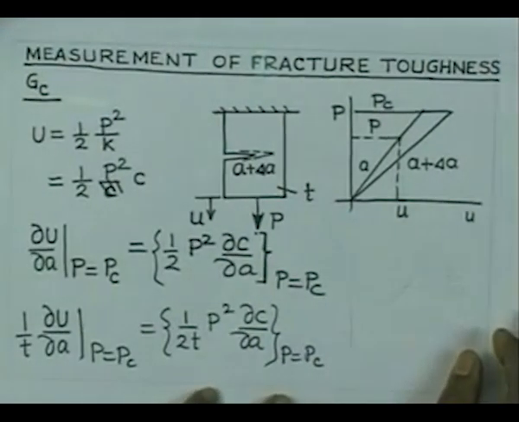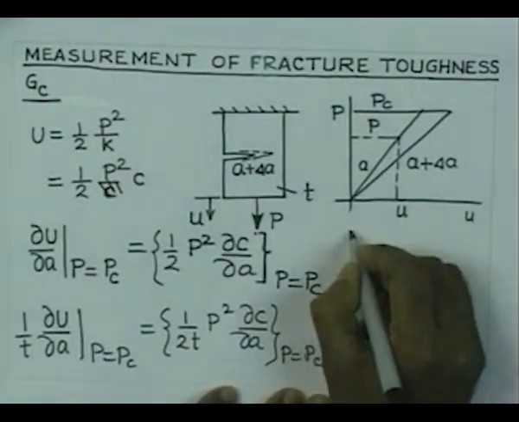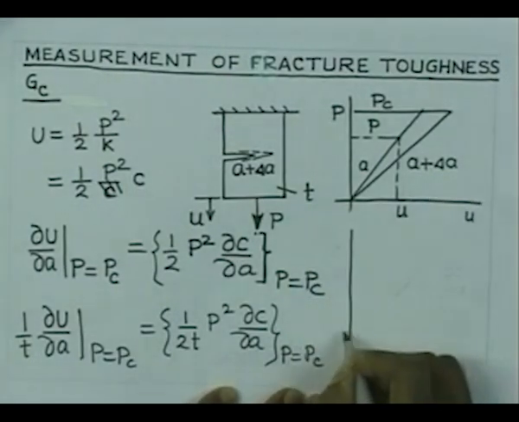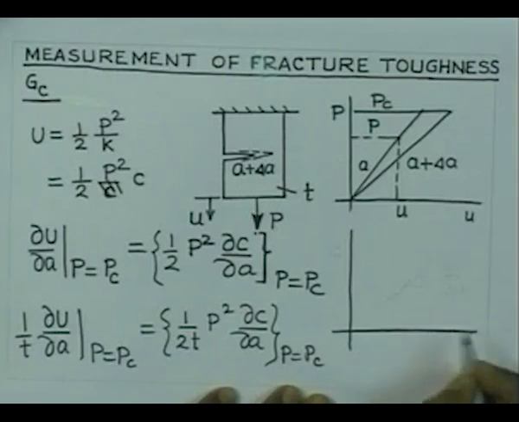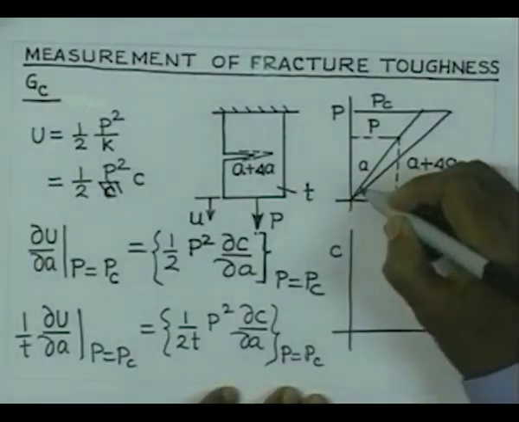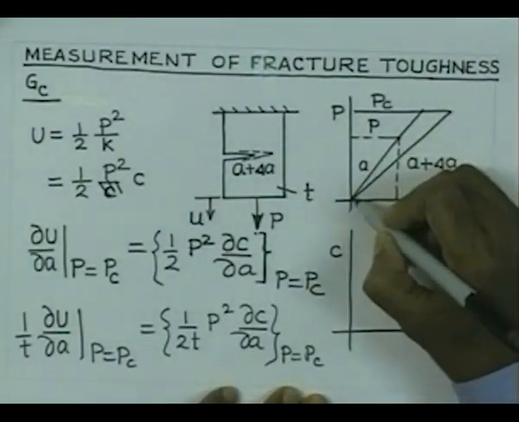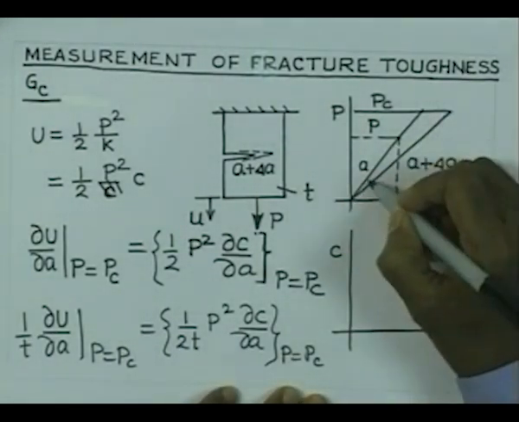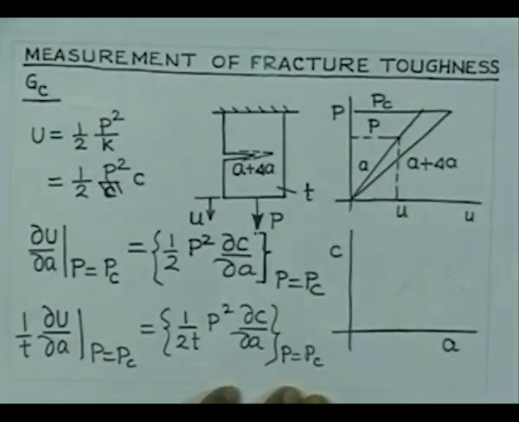If we can draw a curve showing the variation of this compliance for different crack lengths, so we can consider specimens of different crack lengths here, and if we find out the slope, that will give us stiffness, and the reciprocal of that will give us compliance.